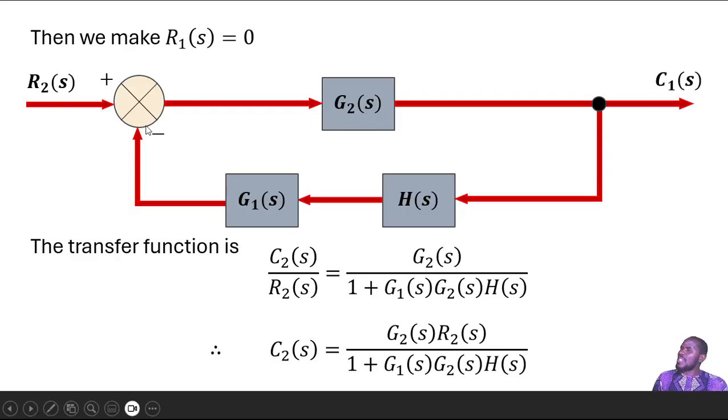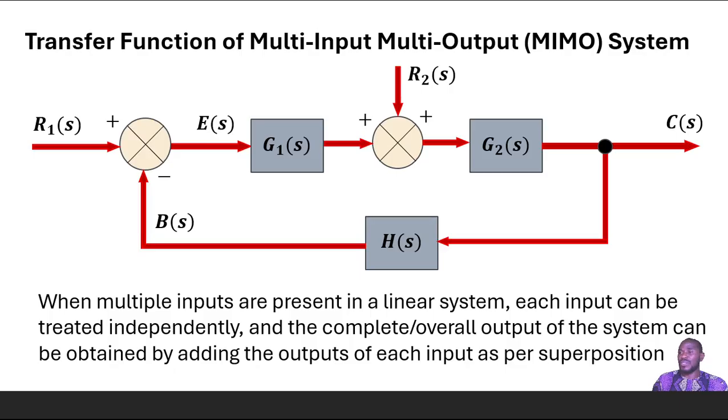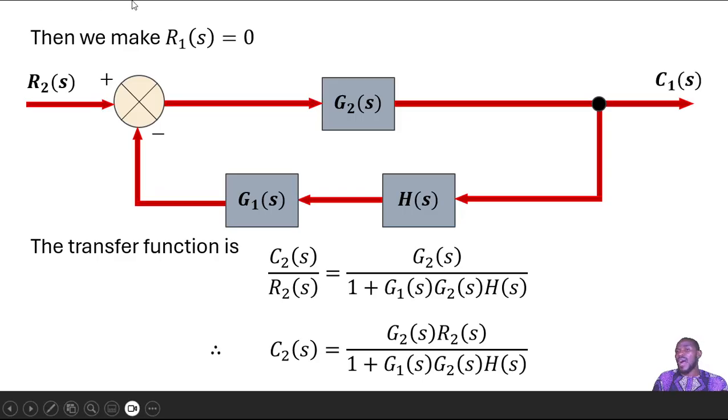Originally, when you look at what we started with, where R2 is coming into this system, you have a plus and a plus, right? A plus and a plus. What happened? How come it's now a plus and a minus? What's going on here?